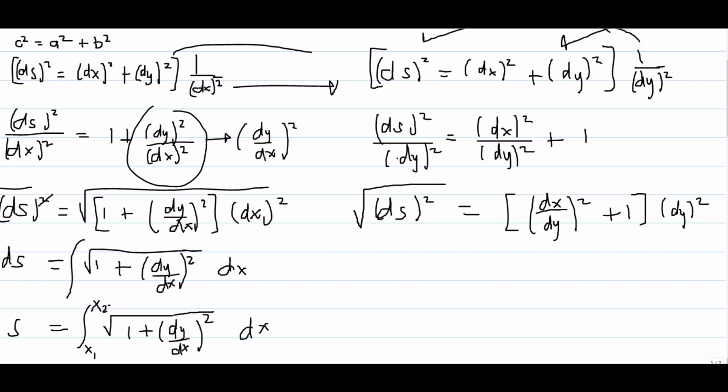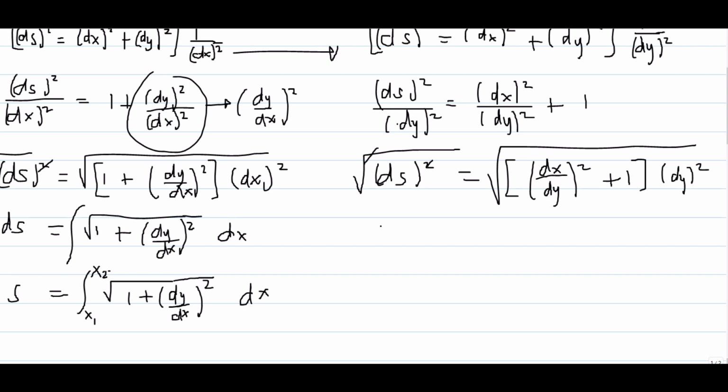Let us now take the square root in order to cancel out the square on both sides. So ds is equal to the square root of the quantity of dx over dy, squared, plus 1.